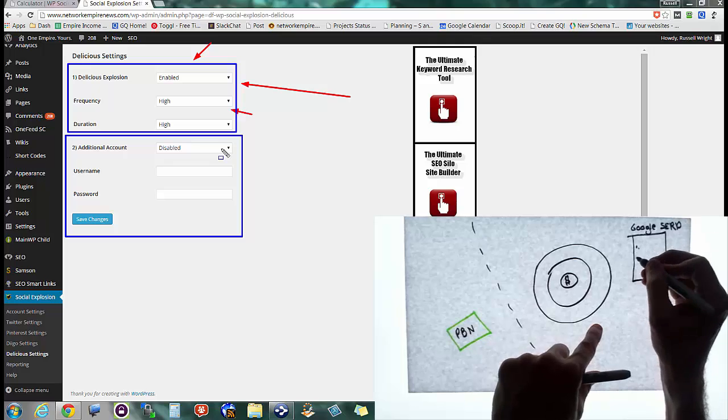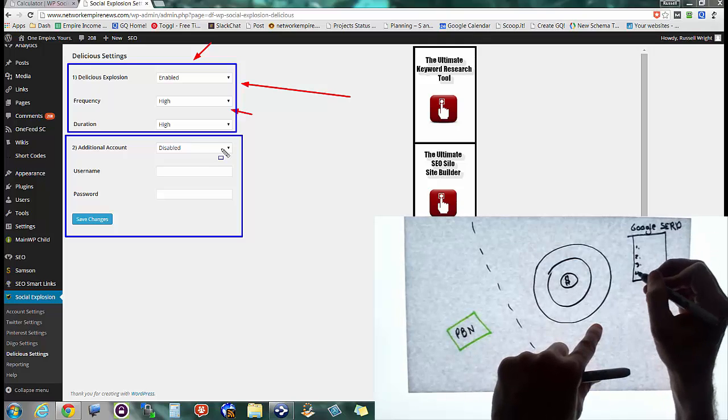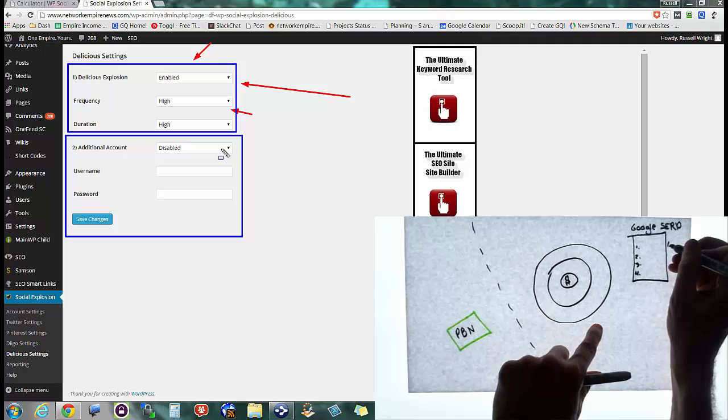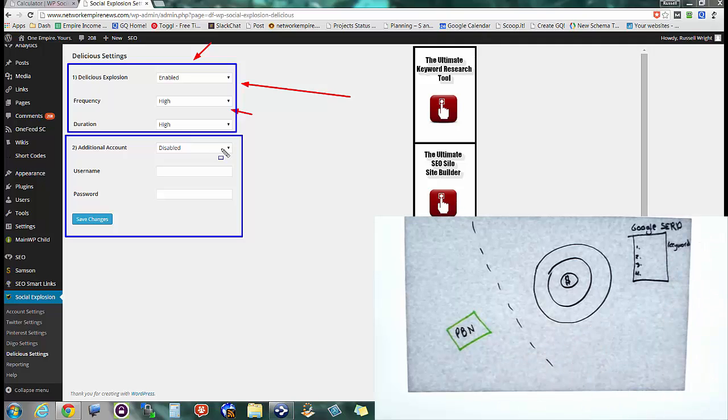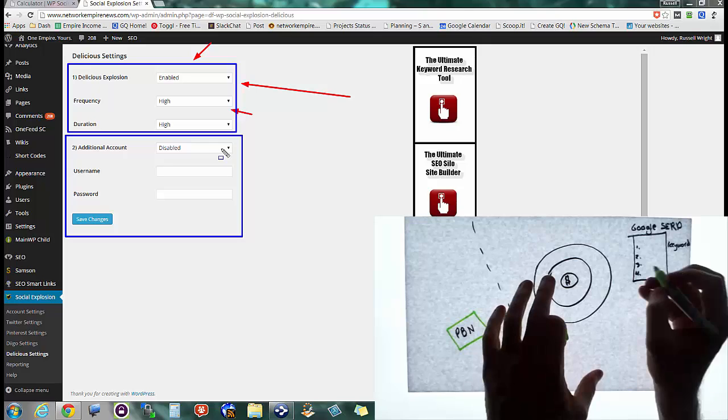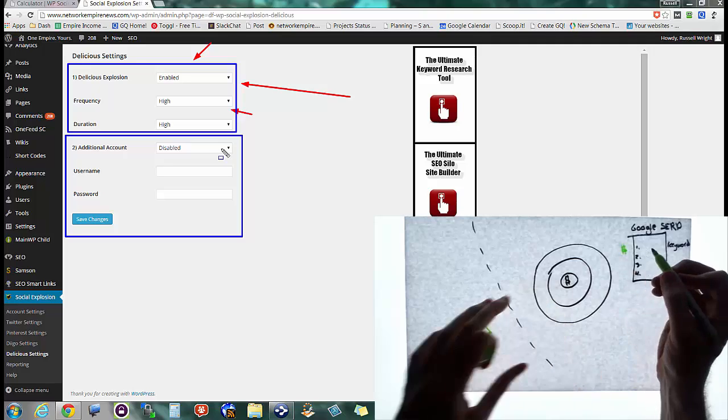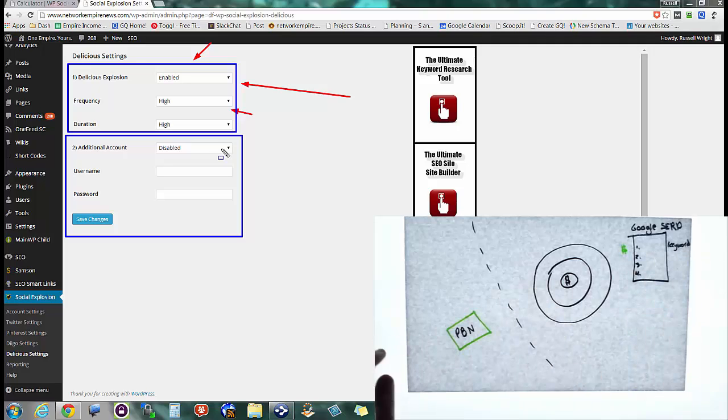Here's the top listings that give you traffic through the search engines. And then here's your keyword. Well, whether you're ranked for a keyword on the search engines or money keyword is largely dependent upon domain authority and theming. So where is it safe to use social explosion?